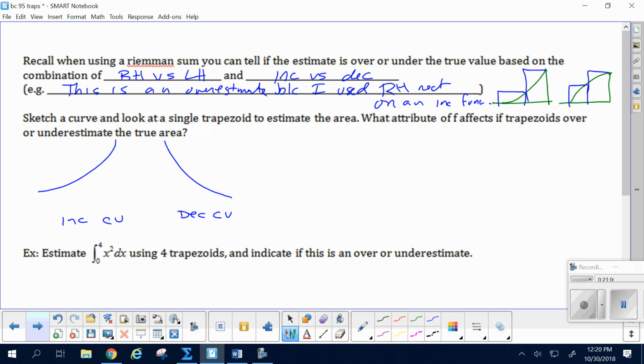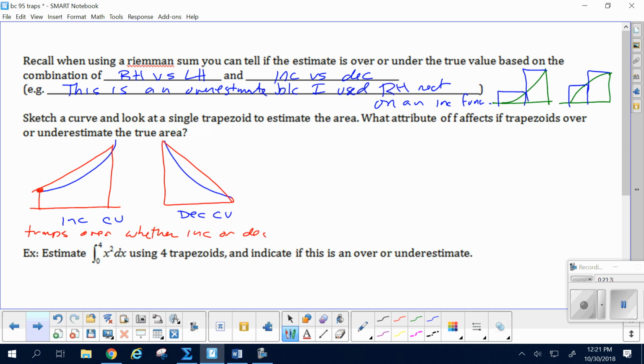Right. Now, if I used a trapezoid to estimate the area under these, just one trapezoid, let's say, here it would be the red. Would it over or underestimate? Over. Okay. Now let's use a trapezoid on a decreasing function. Would the trapezoid over or underestimate? Over.